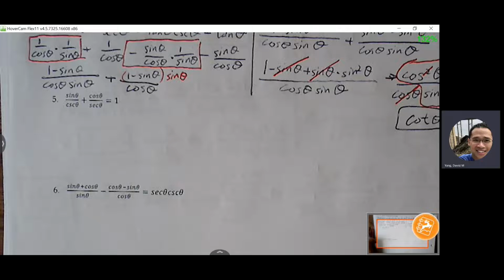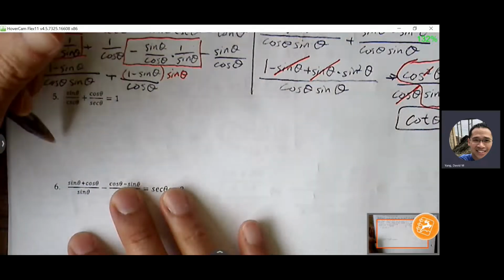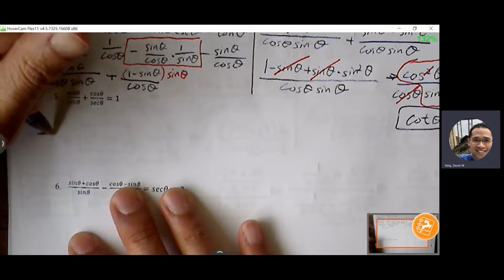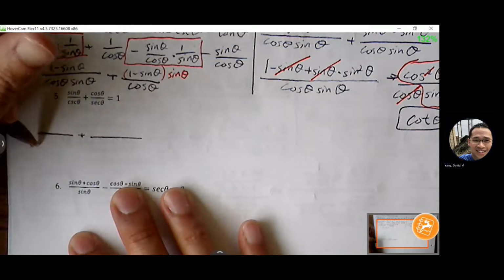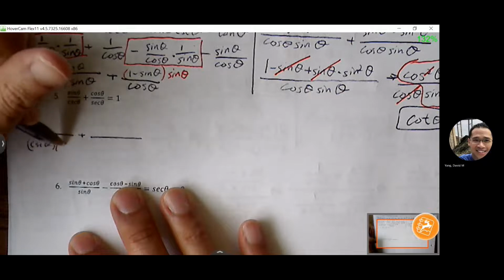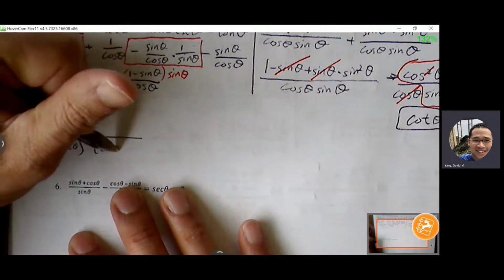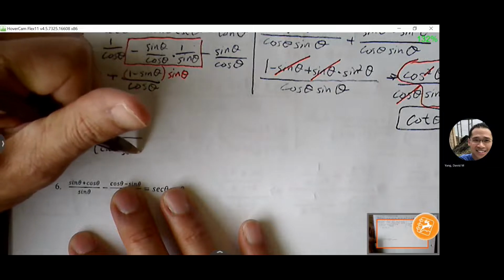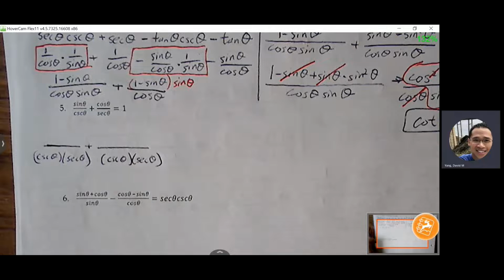What's our common denominator for these 2 fractions here? Yeah, cosecant and secant, right? We have 2 separate expressions. We're going to have to include both of them as part of our common denominator. Okay.